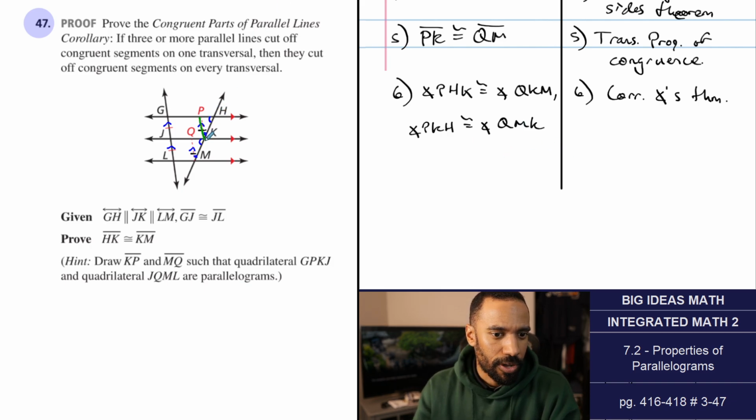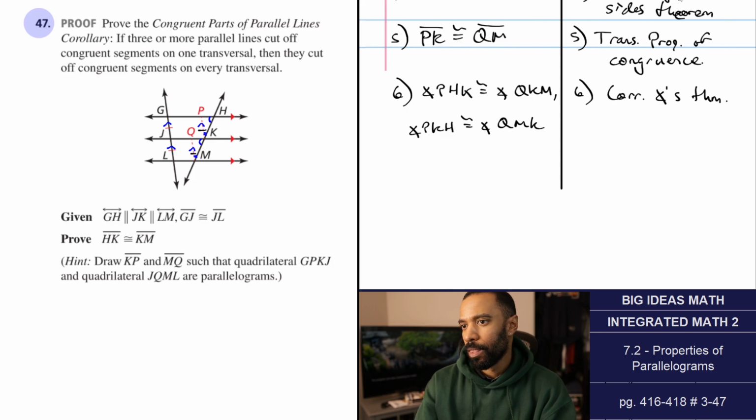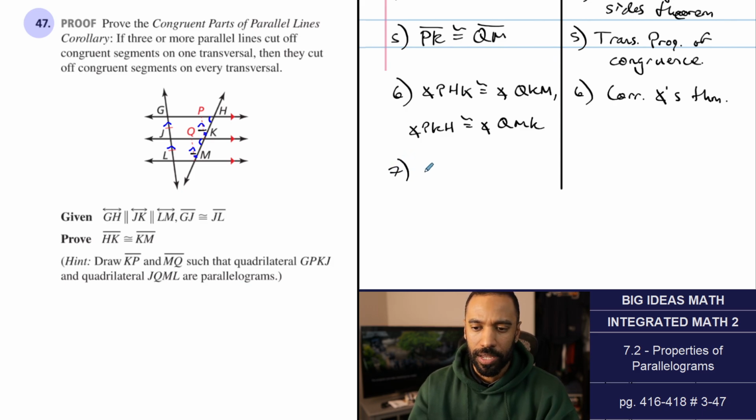I know it's very small. I keep saying that, but I'm just acknowledging congruent triangles. I do have an angle-side case of congruent triangles, where I can say there's two more steps. You can use any of these letters here: triangle PHK is congruent to triangle, just keep it the same, QKM, by the angle-side congruence theorem.